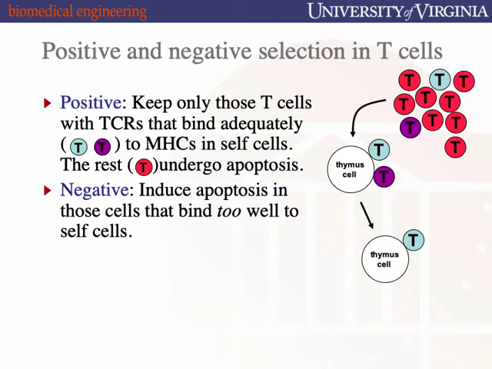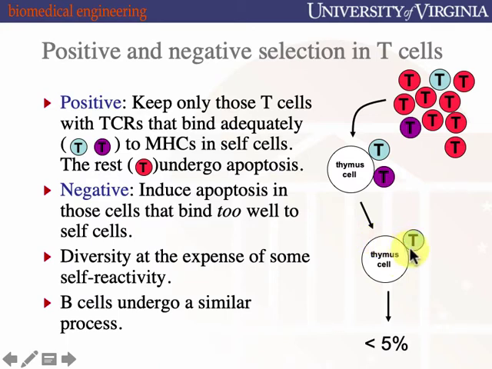Autoimmune, yeah. That is the origin of autoimmune disease: you've got an immune cell that recognizes self and thinks it's foreign. So T cells that bind too well to self cells, we're going to generate an apoptotic signal and try to kill those. In this case, we have bound to blue, and so we're going to kill that one.